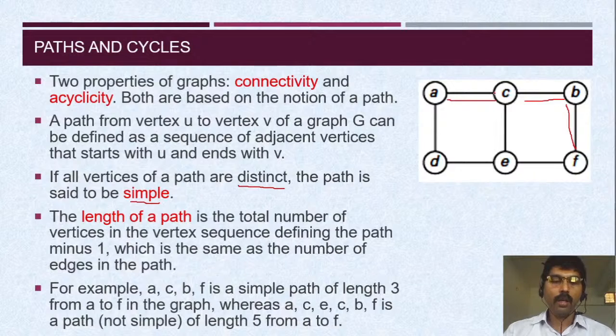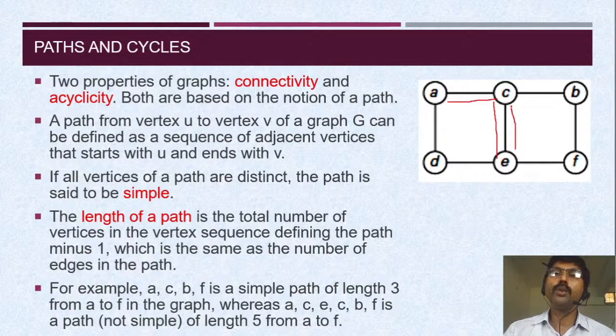Now if I consider this one, A to C, C to E, E to C, C to B, B to F. Now this is not a simple path because C is not distinct here. We use C two times: A, C, E, C, B, F. This is not a simple path.